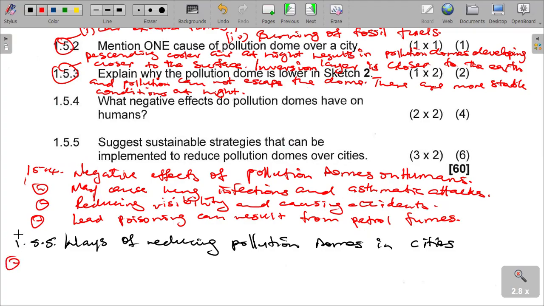Let's look into this. Greening of cities by planting trees in gardens can reduce that.